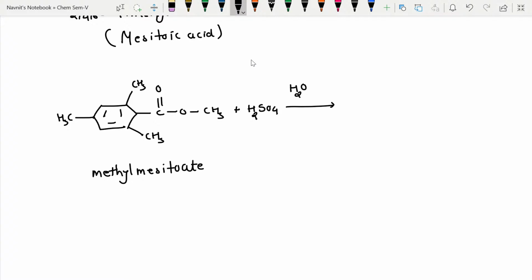And we are talking about AAC1, meaning the acyl oxygen bond is going to break. So this bond is going to break and forms a stable carbocation.